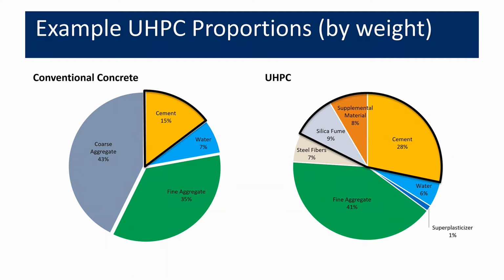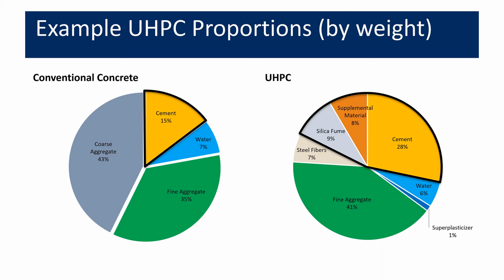Otherwise, the material proportions are actually fairly similar with respect to the water, which is about 7% in both mixes. The fine aggregates are about 35 to 40% for both mixtures. Effectively, the main difference in proportions is that where the conventional concrete is going to have coarse aggregate, that entire weight is substituted with fibers and additional cementitious material.